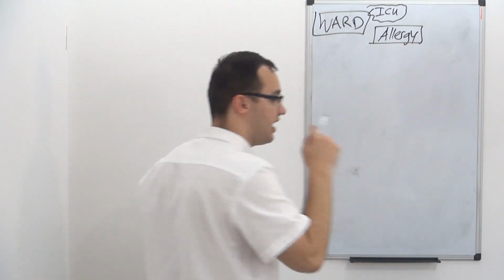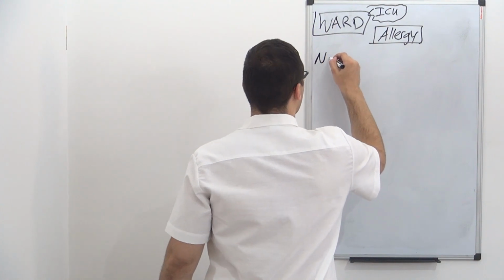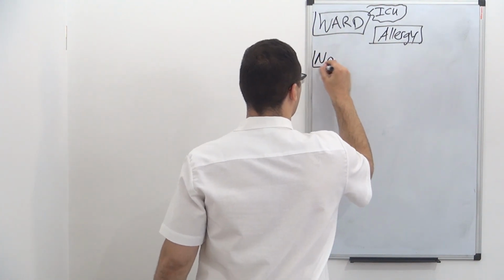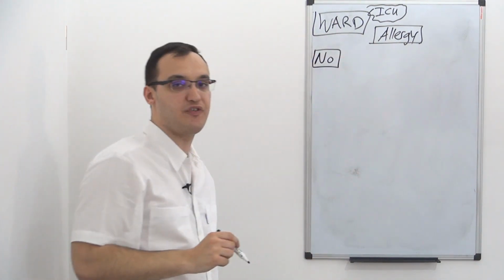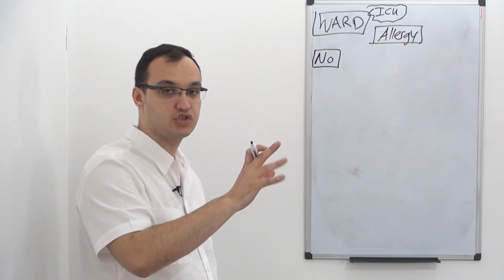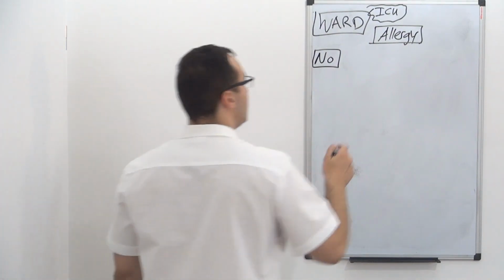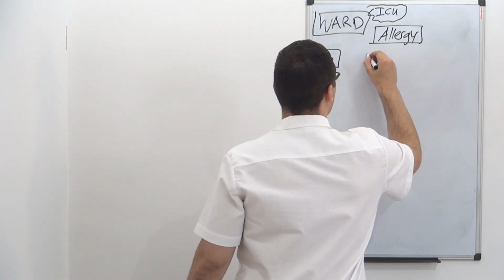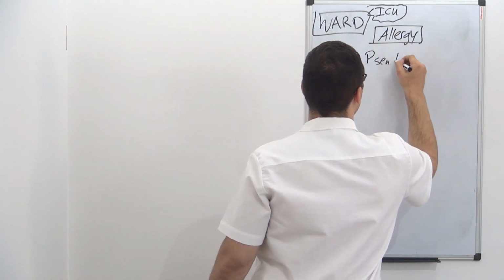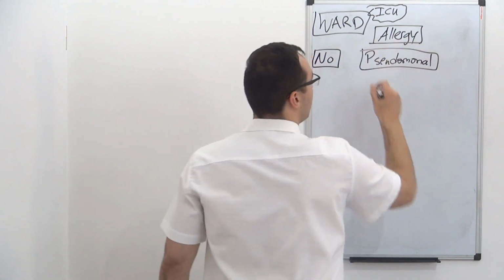And then I need to divide the patients into those who have no pseudomonal or MRSA risk factors. So risk factor for pseudomonal infection or MRSA infection. These were the two dangerous infections that we talked about. So I write here pseudomonal. And then I have MRSA.